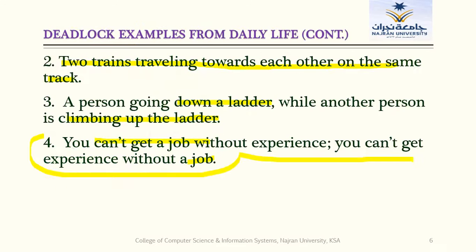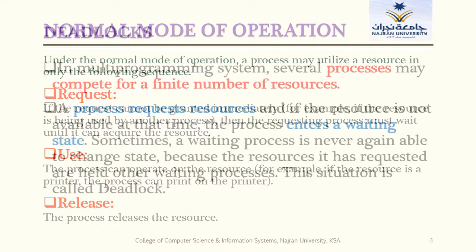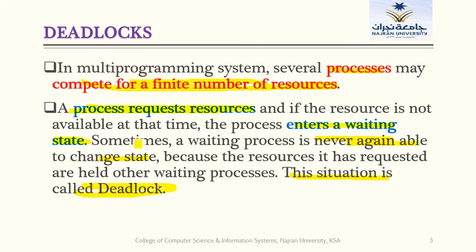We started our discussion with deadlock, and we said deadlock is a situation that may exist in our system because we have several processes competing for a finite number of resources. The number of resources is limited, and we have many processes working inside our operating system.